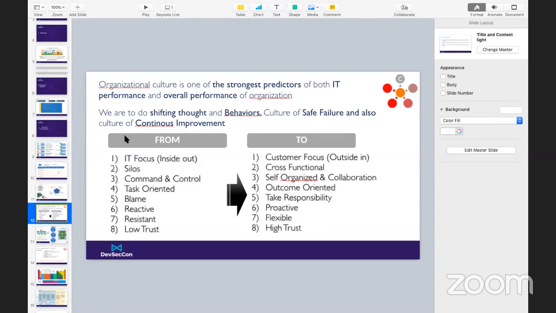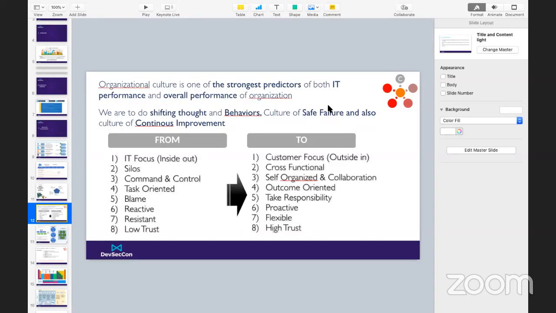So we need to shift thought and behavior, toward a culture of safe failure and a culture of continuous improvement. This is very important. Many organizations here, for example in Indonesia, are deep in hierarchy, where everyone says yes to the boss's command.